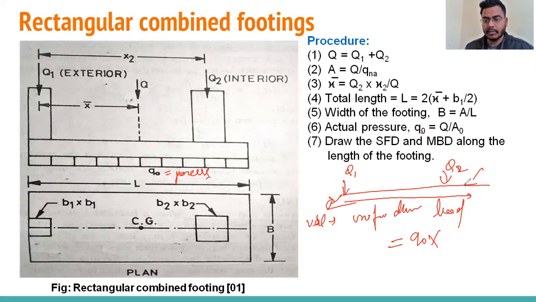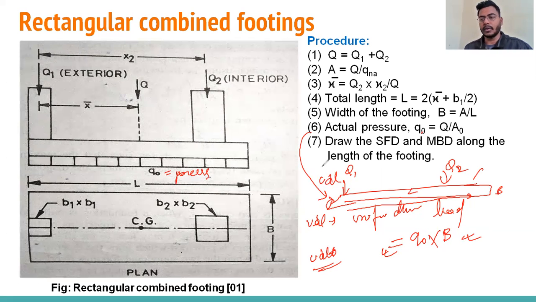If we draw a rectangle, this is B and this is the total L. So it will be q0 into B. This is the UDL. After calculating the actual pressure, we can calculate the UDL, and once we have the UDL, we can draw the shear force diagram and bending moment diagram.